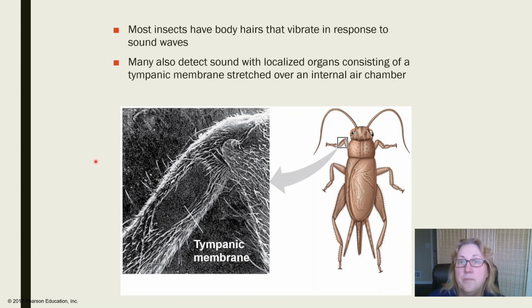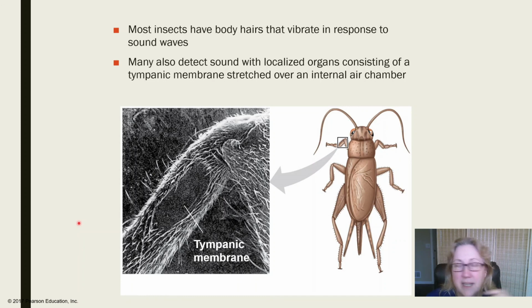In that case, those insects, like crickets, this is a cricket, they have evolved specialized organs to give them much better hearing. In fact, it's somewhat similar to what evolved in reptiles and mammals for hearing, and that is to have a thin membrane stretched over an air pocket, kind of like a drum, which is why it's called a tympanic membrane.